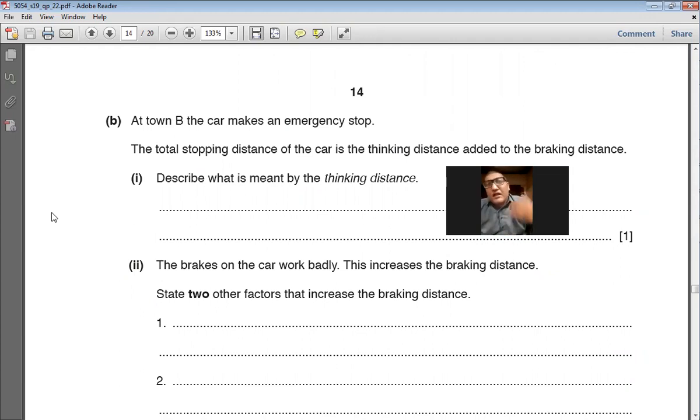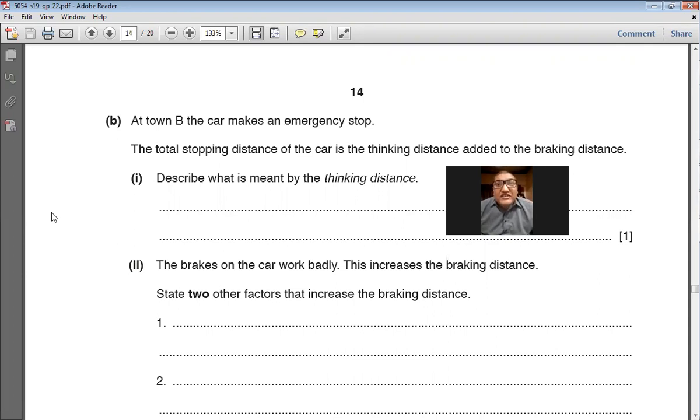Whenever a driver sees an obstacle in the path, there is some reaction time of the driver, and during that reaction time his feet go to the brake pedal. The time taken during that process is called the reaction time of the driver.